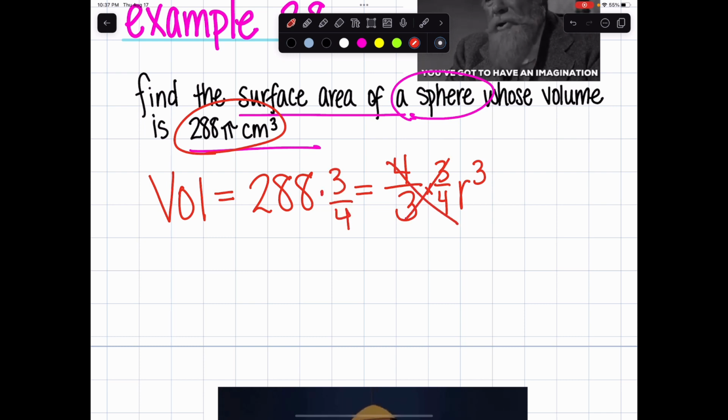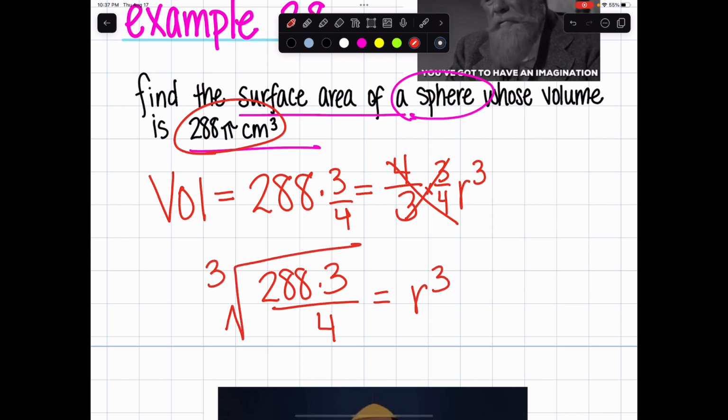And I have 288 times 3 divided by 4 is equal to r cubed. And then I take the cubed root. It has to be the cubed root. Do you remember how to do that? And that'll give me r. And when we solve for r, we get 6.